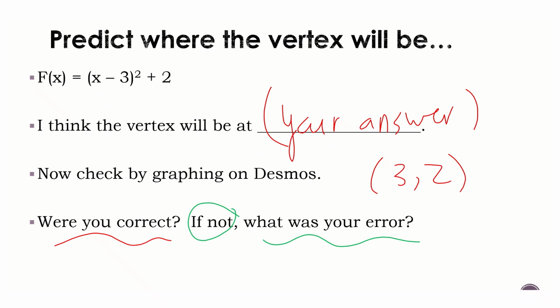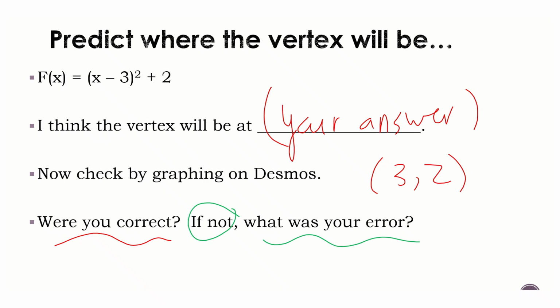Common errors that students make is getting the left and right backwards. So you might have said (-3, 2), in which case you would say, I went the wrong direction. I forgot that -3 would make it go to the right. Another common mistake is switching the x and the y. So you might have said the point (2, 3) or (2, -3) or something like that instead of (3, 2).